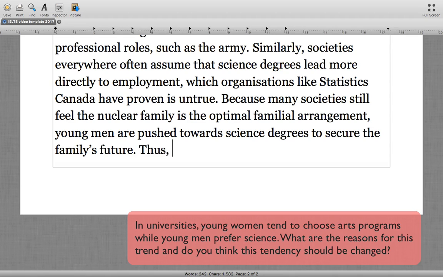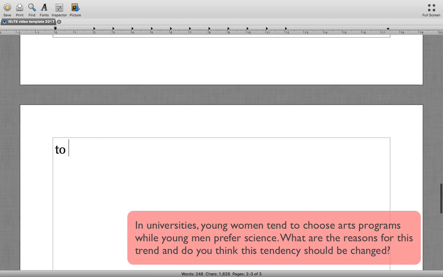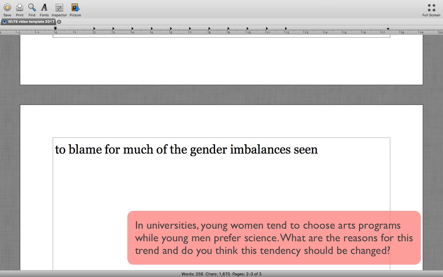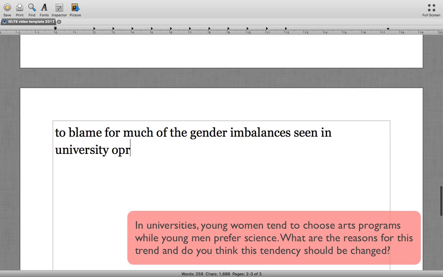So, thus, flawed societal expectations, we can say, expectations are clearly to blame for much of the gender imbalances seen in university programs today.